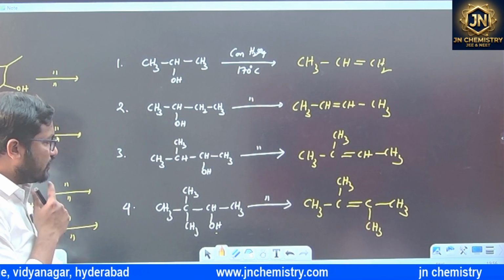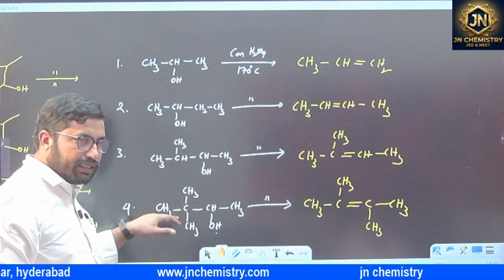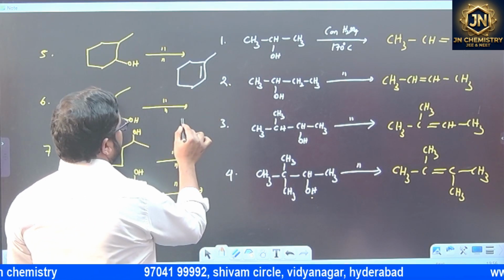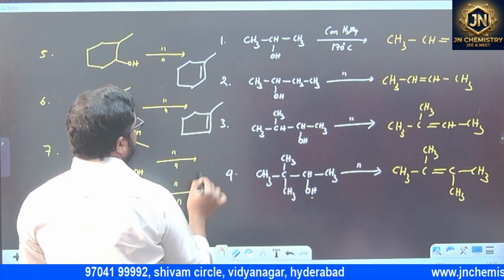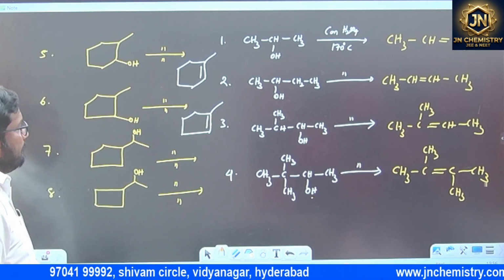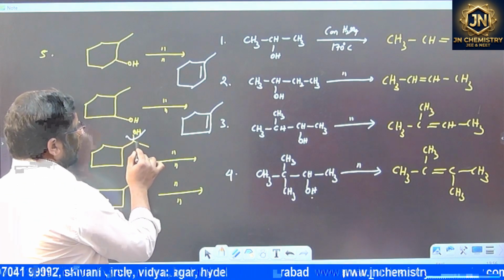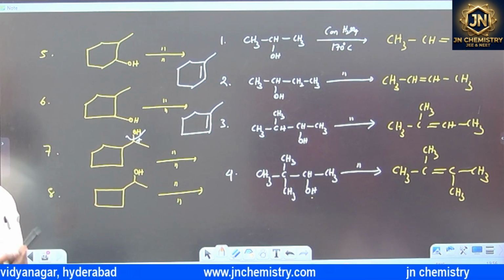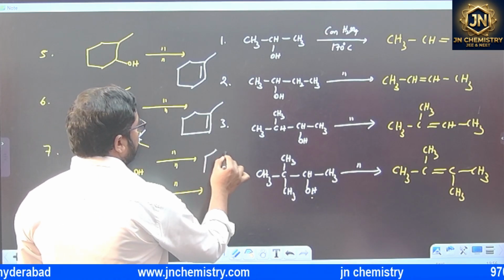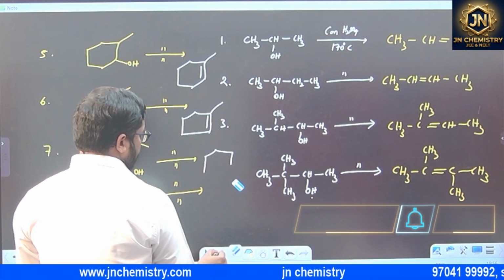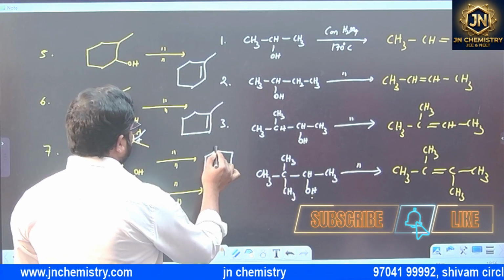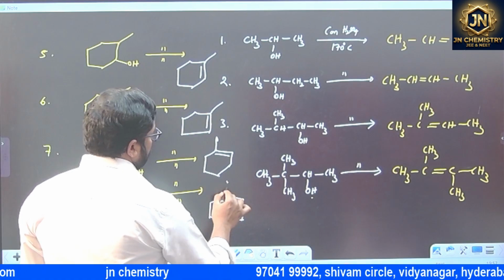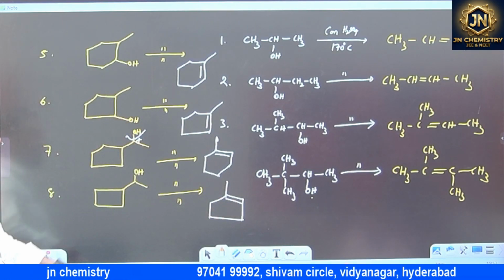Ring expansion takes place, so the 5-membered ring becomes a 6-membered ring. Directly I'm writing the product here, so we'll get it like this. Here also 5-membered. Try this one as homework.